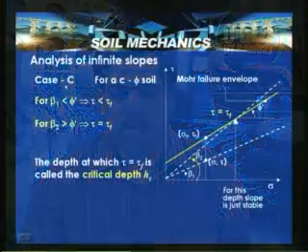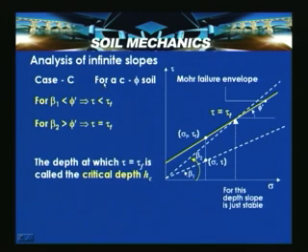Let us consider case C once again for a c-phi soil, in a tau-sigma plot. Let beta 1 be a certain slope inclination and beta 2 be another slope inclination, and this is the Mohr-Coulomb failure envelope, where the intercept is c' and phi' is the angle of this particular envelope.